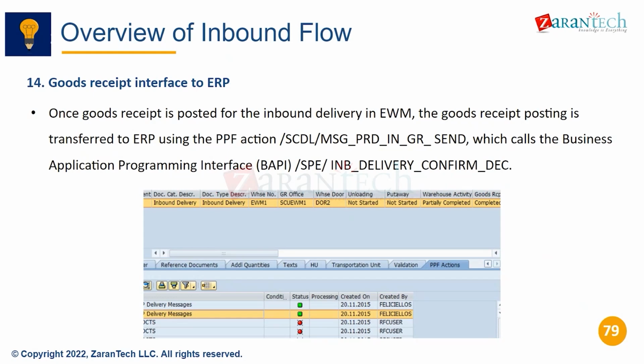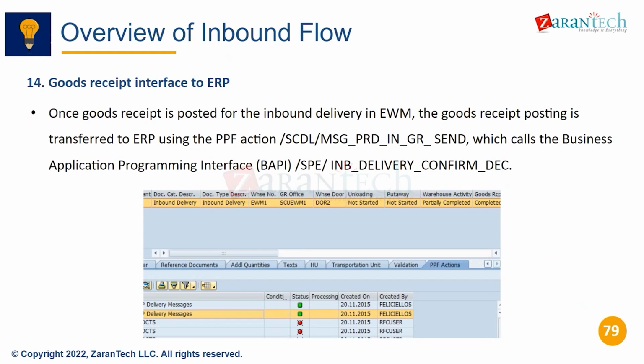Using this, you can send messages to EWM or non-EWM systems, trigger the print outputs, send mails, communicate with an external system, or start any automation based on one activity being completed in that particular document. This is where the PPF action will be used.